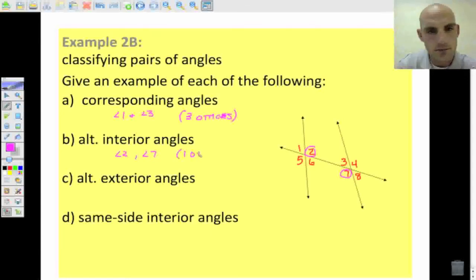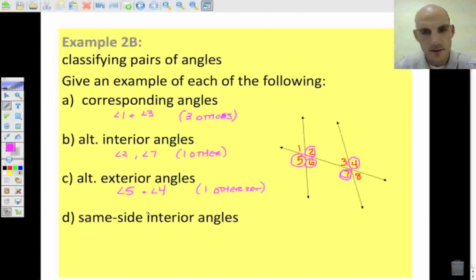There is one other. Okay. Alternate exterior would be like 5 and 4. There are 2 others that go together, so one other set. Okay. Same side interior would be like 6 and 7. And there's one other set.